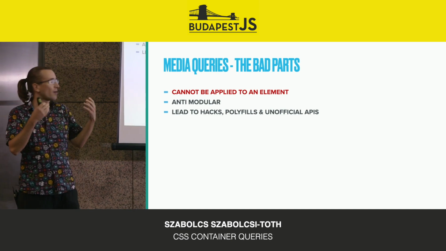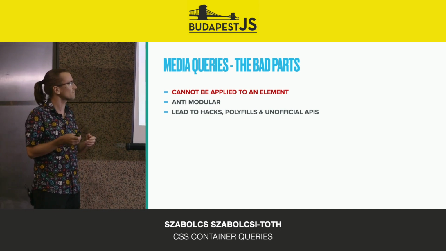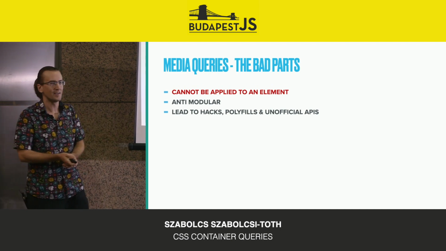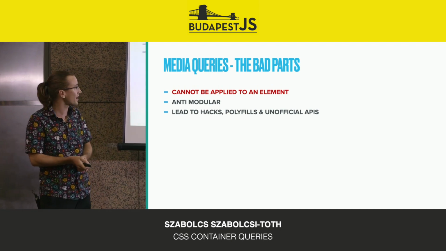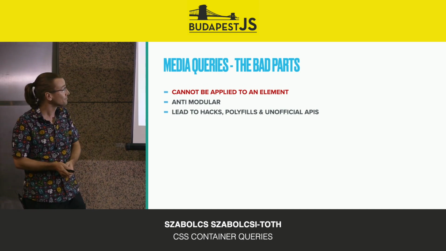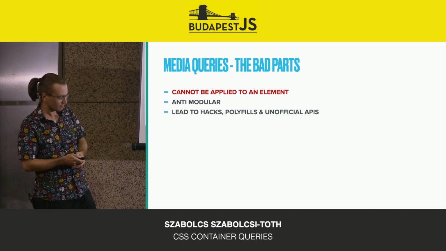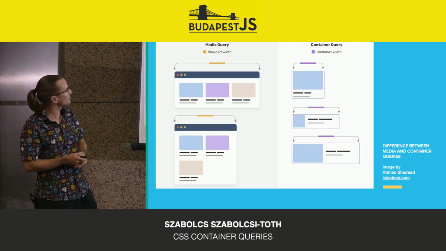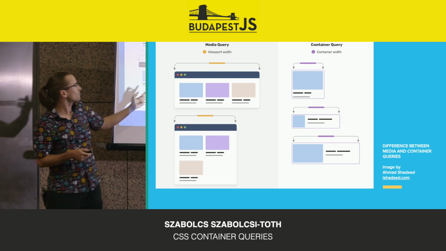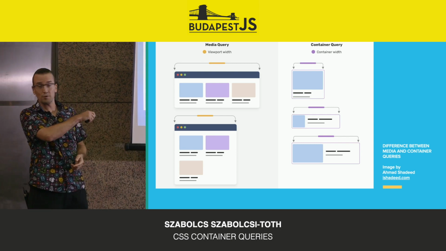So it led to hacks and polyfills, which is not good, because that eventually led to unofficial APIs. And if everybody is using unofficial APIs, they will be broken at some point when the official APIs come along. So this was bad. And this idea came up: we have the media query, which handles the whole viewport.